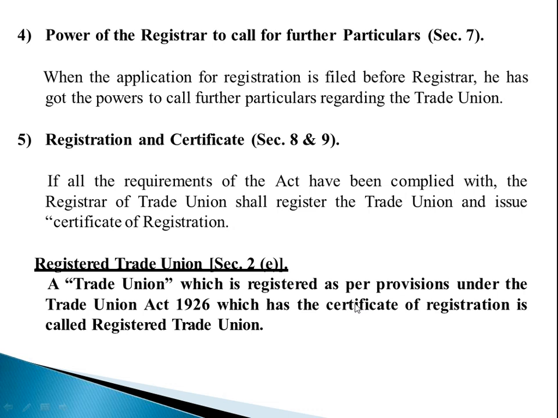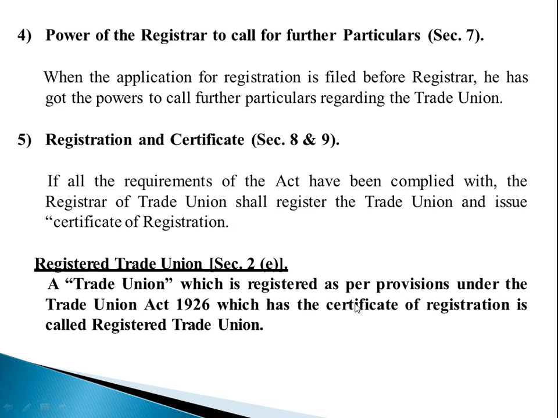When the certificate has been given to a registered trade union, the privileges are more when compared with an unregistered trade union. Why? Because if they officially get confirmation that they are a registered trade union, the privileges are more when they are raising their rights towards the management. That is the purpose of a registered trade union.